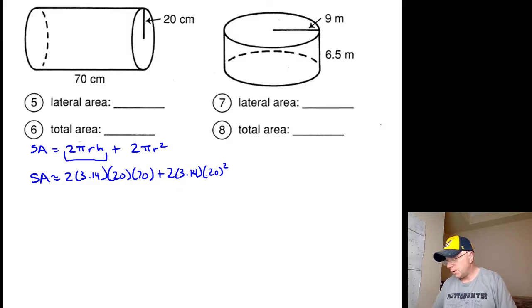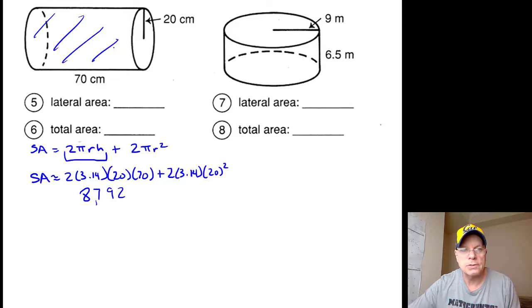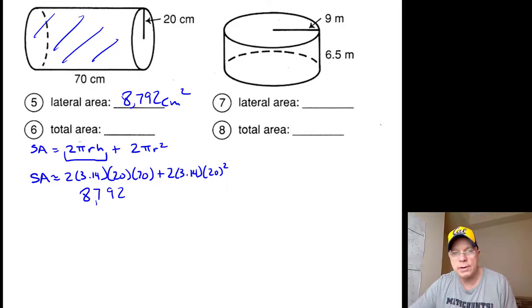And you can use a calculator as long as you wrote the formula and substituted the values. 6.28 multiplied by 1400 is 8,792. That was the lateral area, so I'm going to fill that in here, 8,792 centimeters squared.